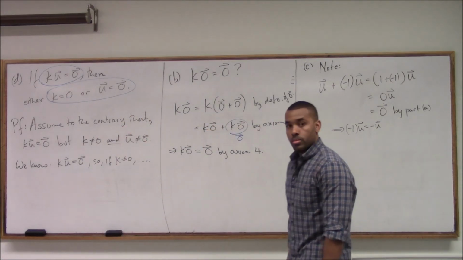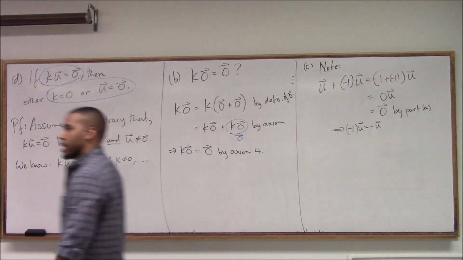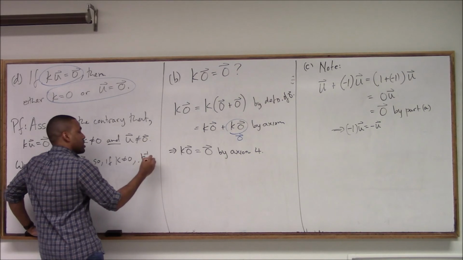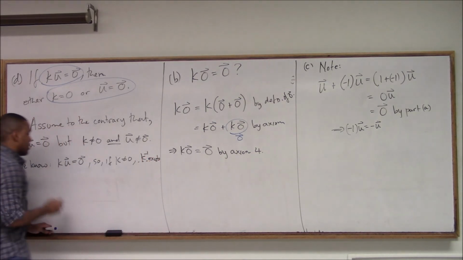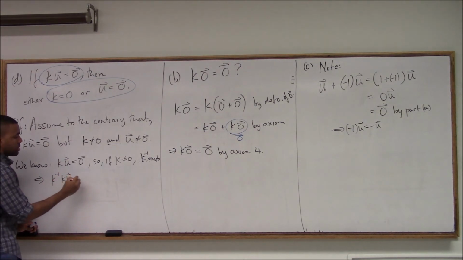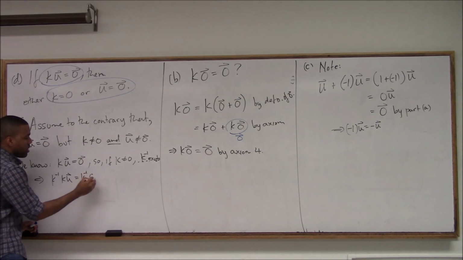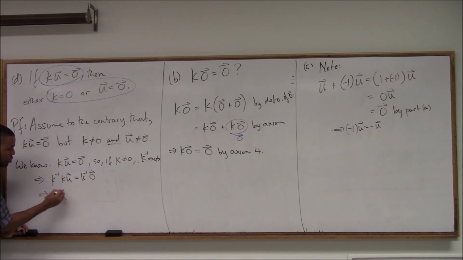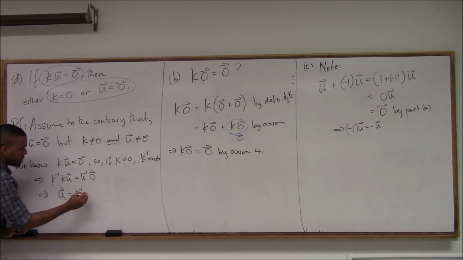I can divide by k. In other words, k inverse exists, which is the reciprocal, right? But I sort of want you guys to get away from thinking in terms of division. So let's write it like that. This would mean that u is equal to k inverse times 0.